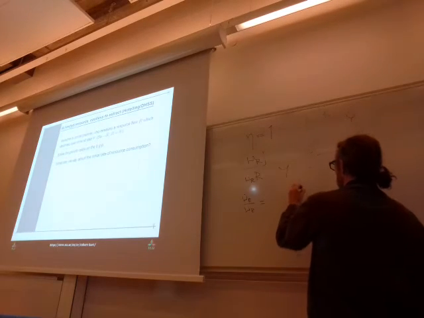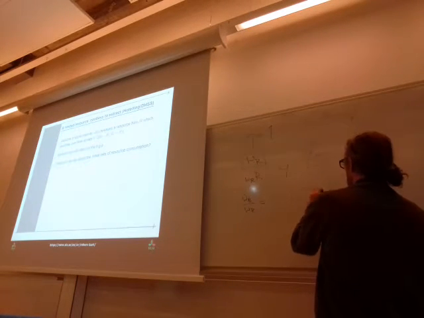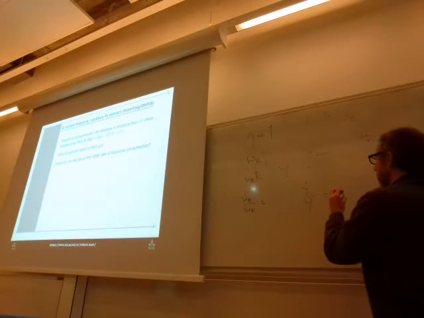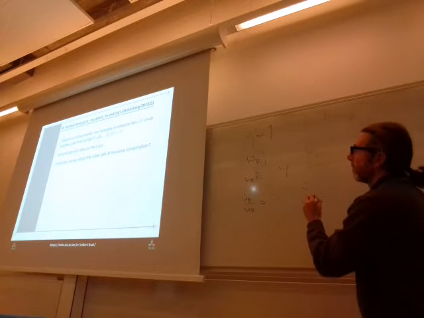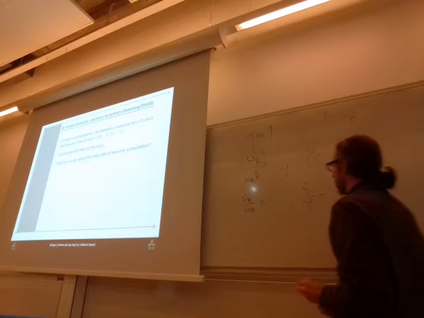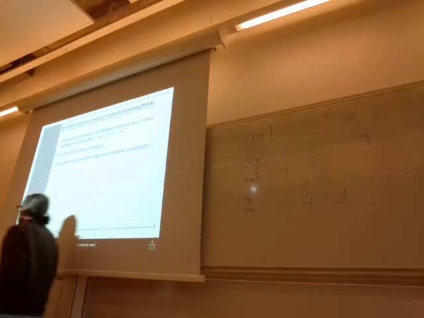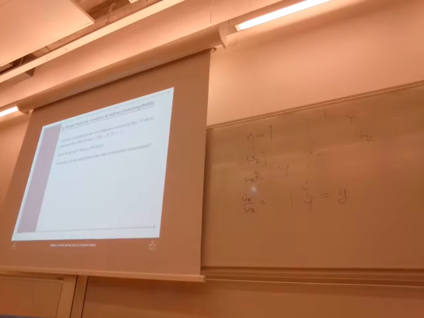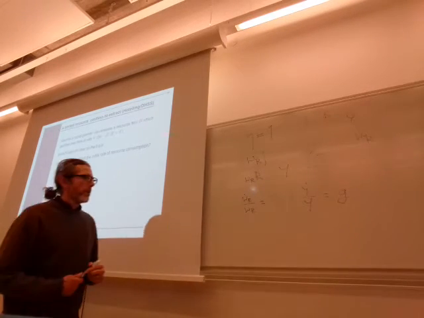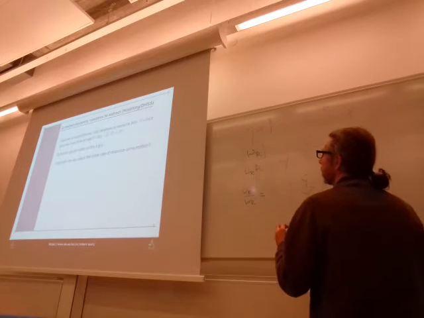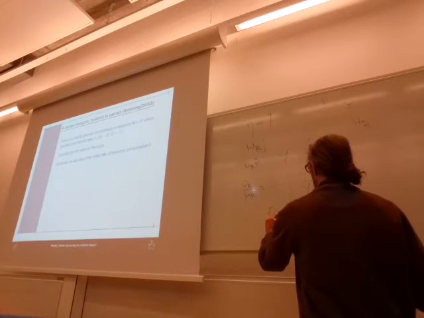Here we go again. And then y dot over y, what's that? Well, we can just call that, if we call that gy, then what can we say about r dot over r?